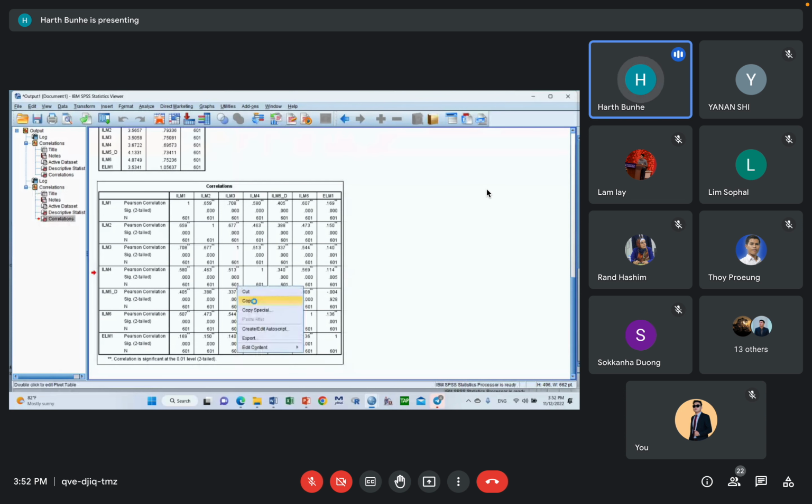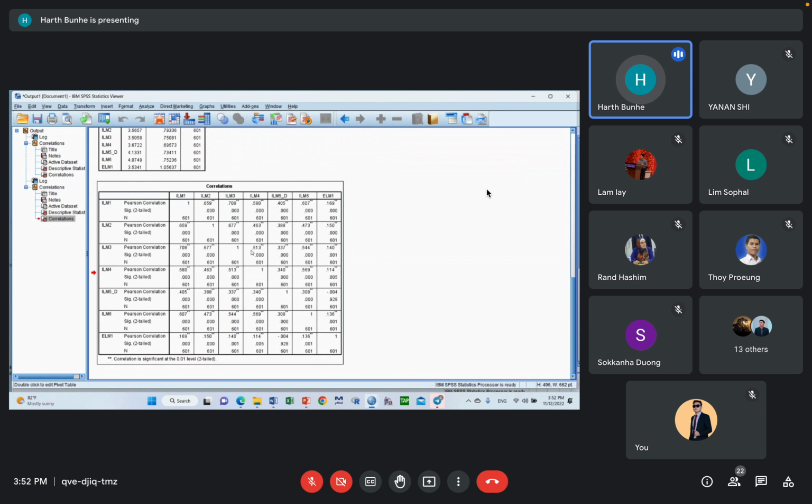So when you want to report, is there a correlation between ILM1 and ILM2, ILM1 and ILM3, 4, 5 until the end?